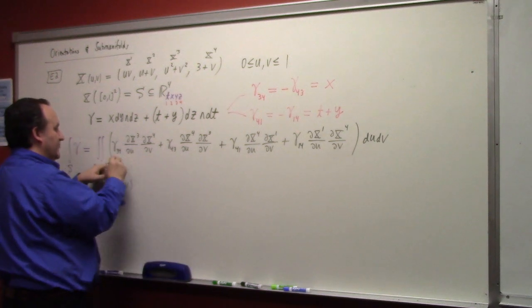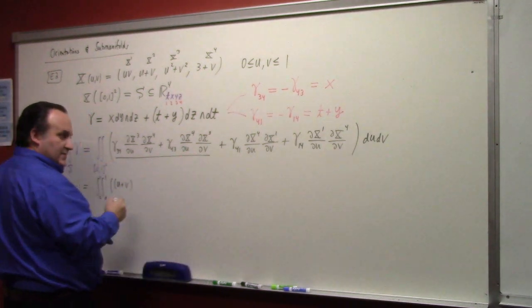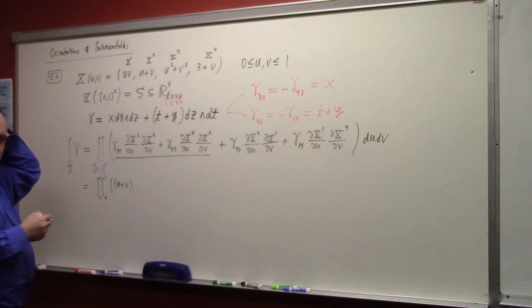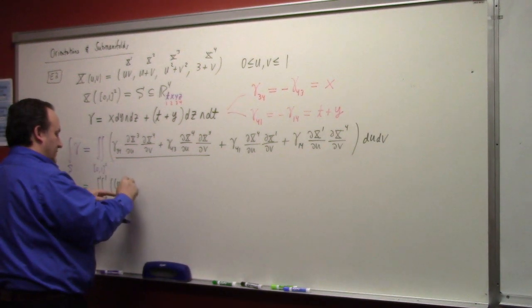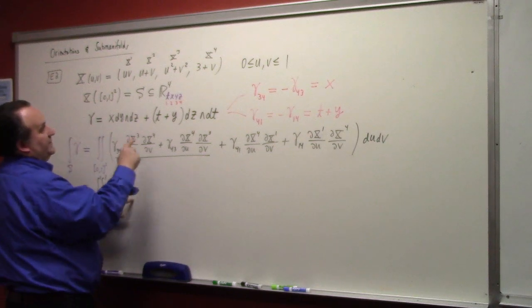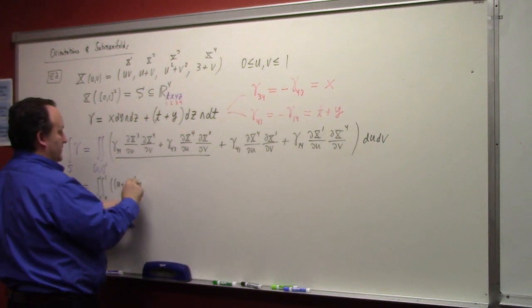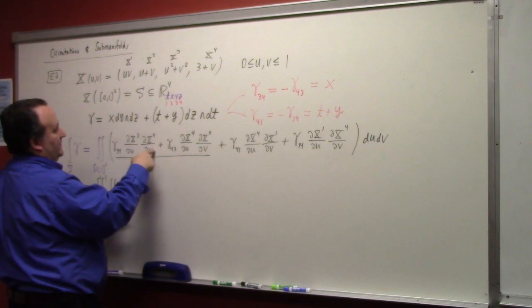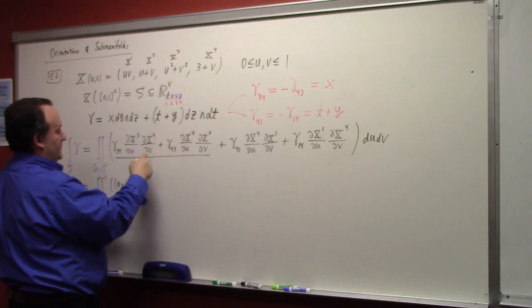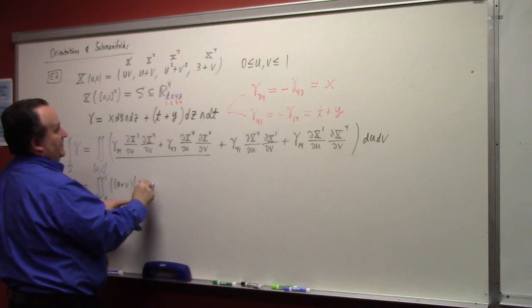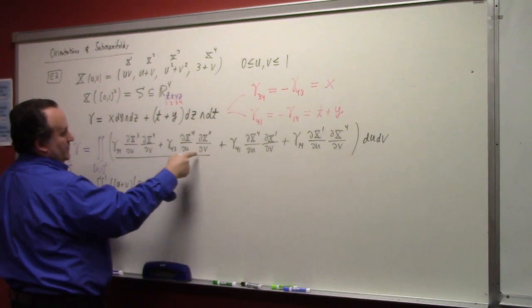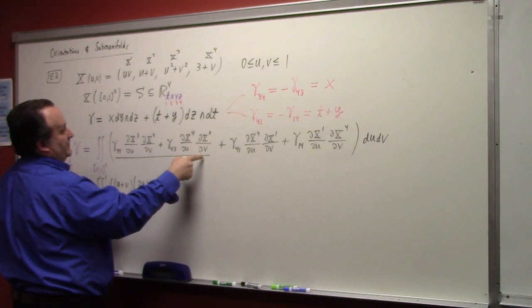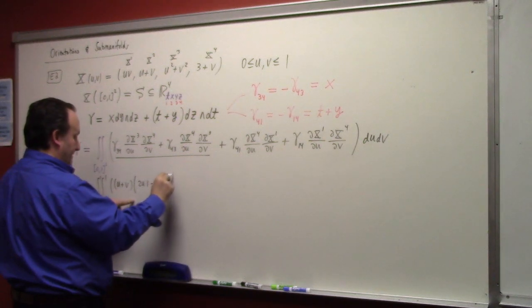So we can group the first two terms together because we get partial x3 partial u, which is 2u, partial x4 partial v, which is 1, and then minus partial x4 partial u, well that's 0, and partial x3 partial v, which is 2v.